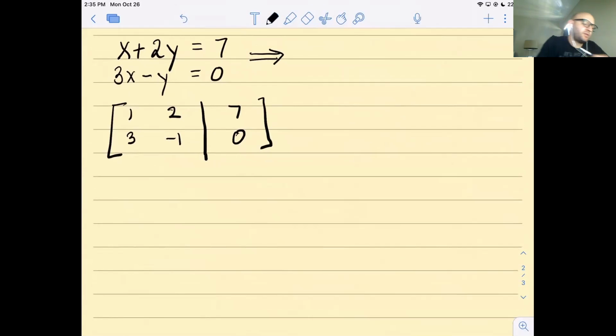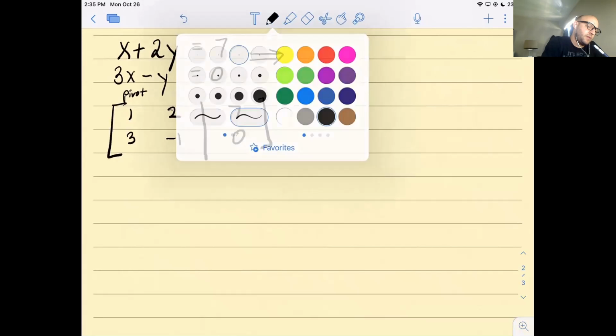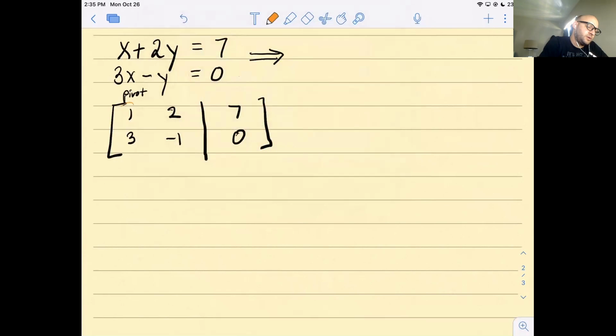So the first thing we do is look in the top left corner and try to make this number 1. In this case, it already is a 1, but this number is called our first pivot. You can use this pivot to eliminate any number that's directly beneath it.